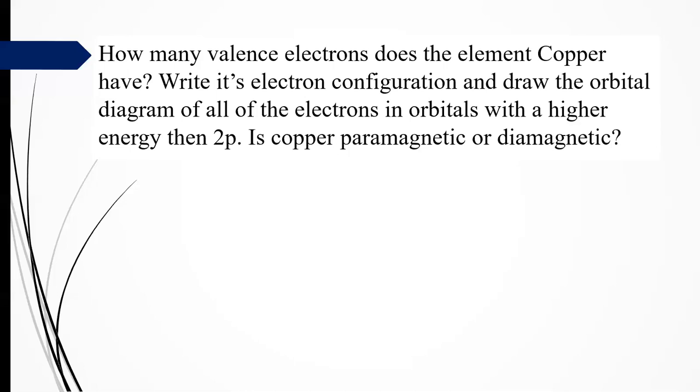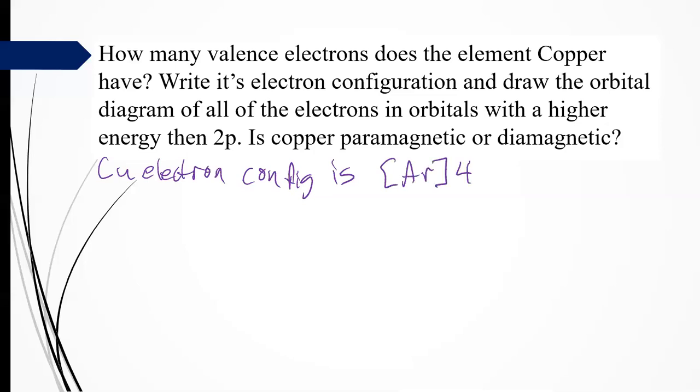So we got a couple of things going on there. All right, so how many valence electrons does copper have? Copper's electron configuration is argon, and then we would say it's 4s2, 3d9, except at the beginning of class we talked about copper.